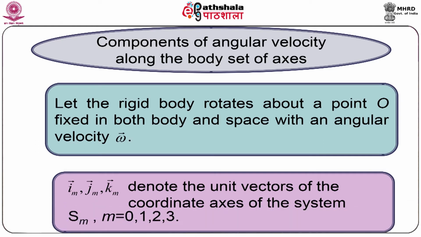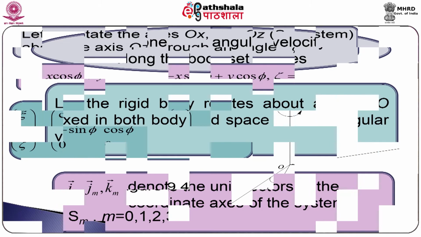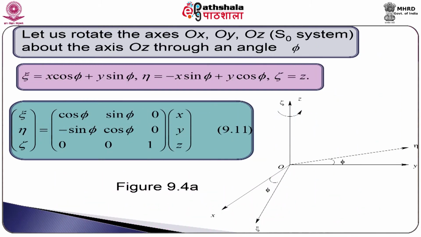Let small i_m vector, j_m vector, k_m vector denote the unit vectors of the coordinate axes of the system capital S_m. Here m varies from 0, 1, 2 up to 3. That is, we get 4 systems here.